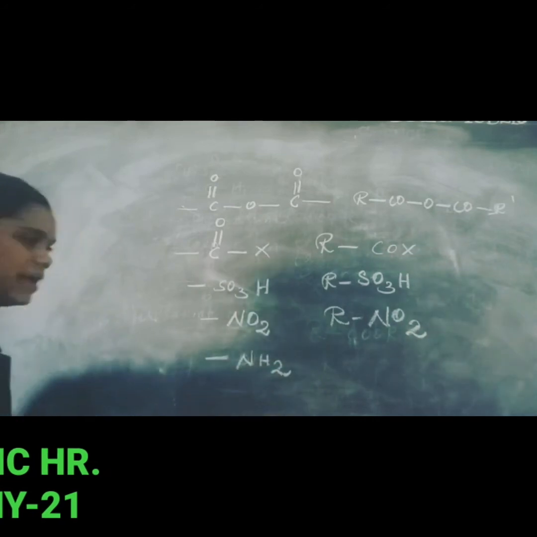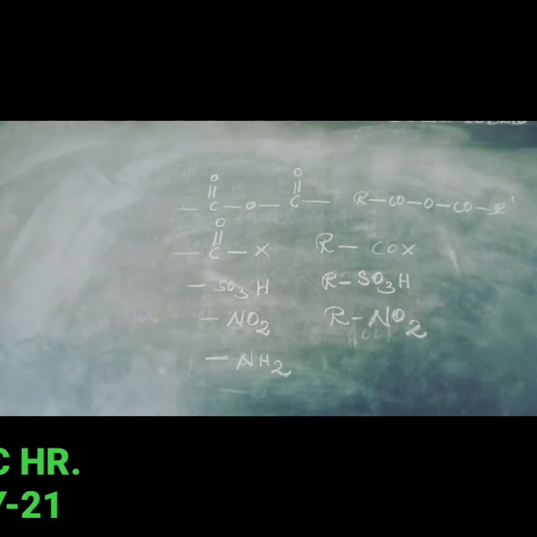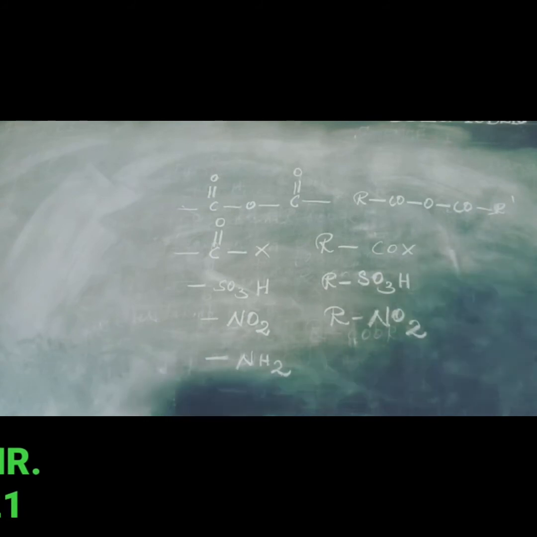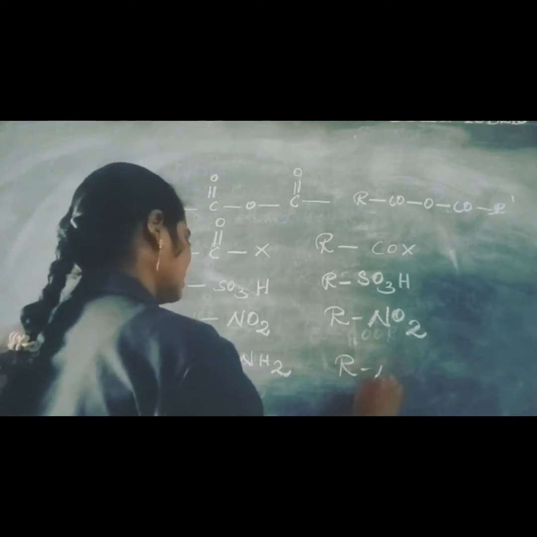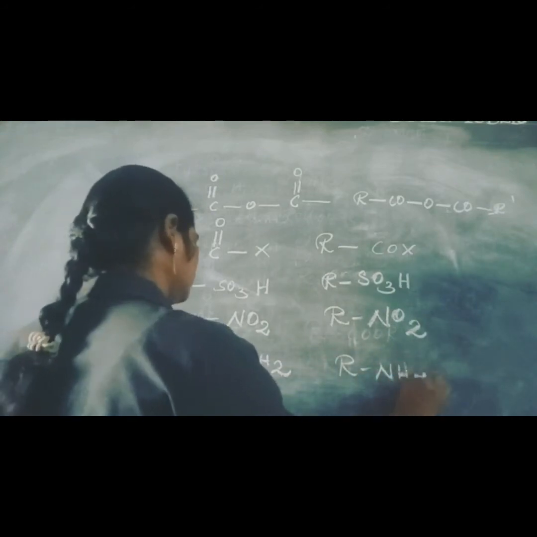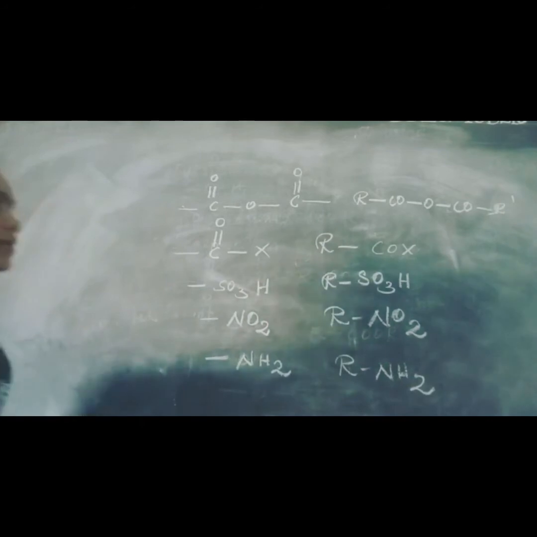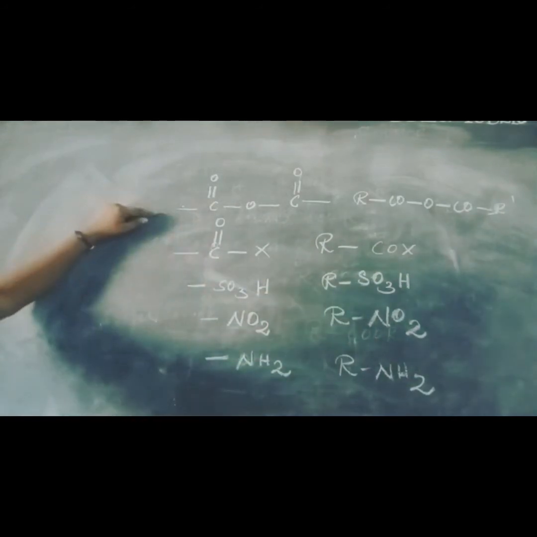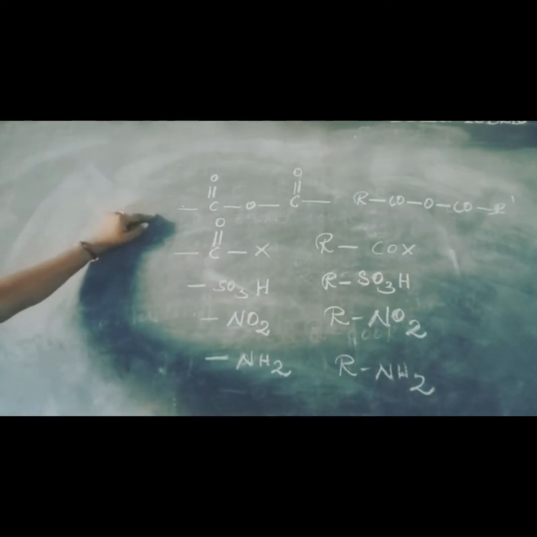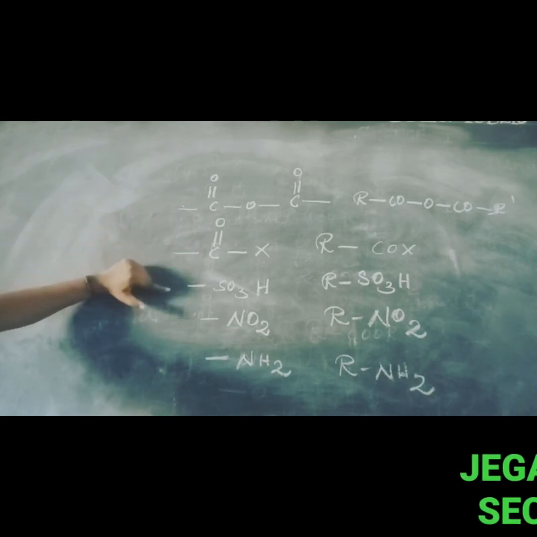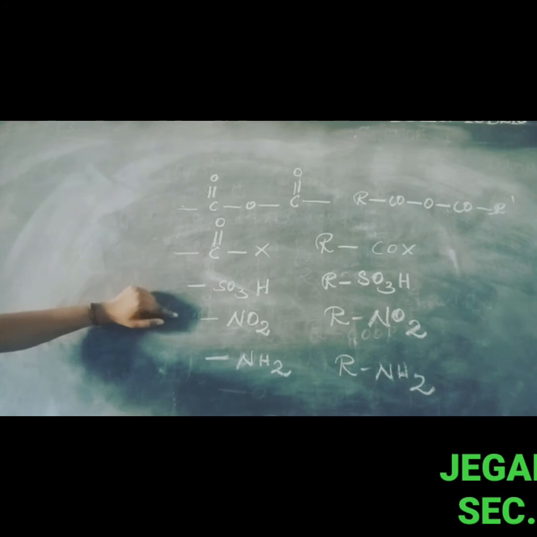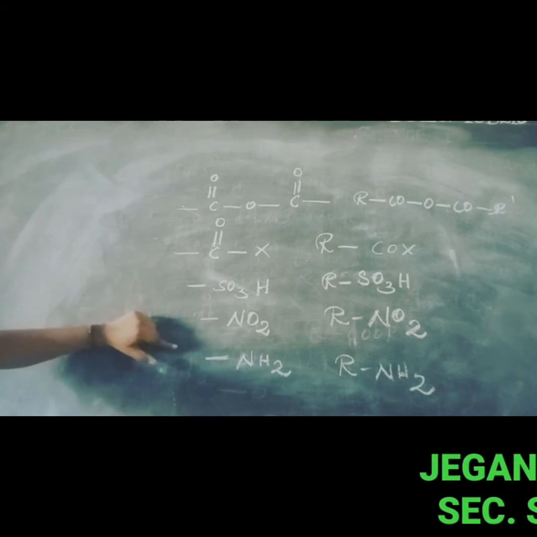So this is the amine functional group, and the formula for amine is R-NH2. Okay, so this is the acid anhydride functional group, this is acyl halide, this one is sulfonic acid, this one is nitroalkane, this one is amine.